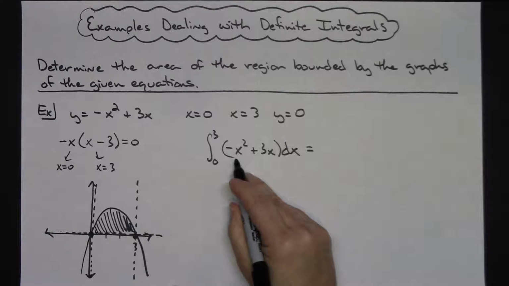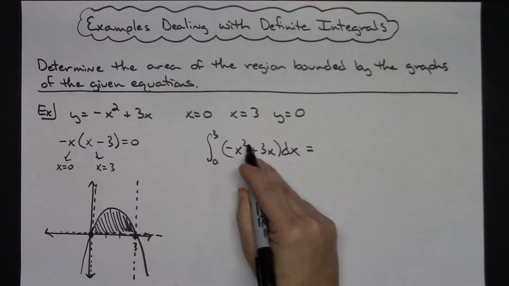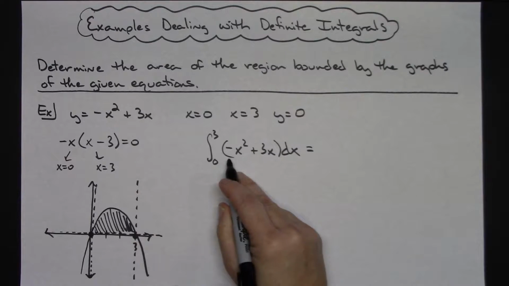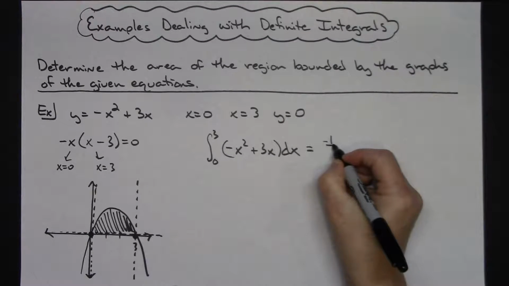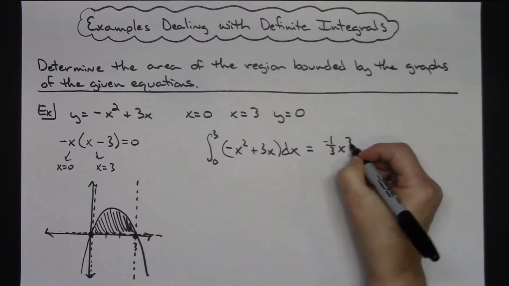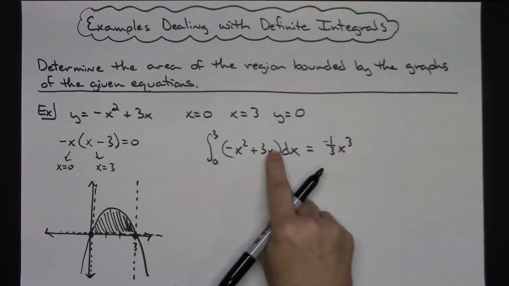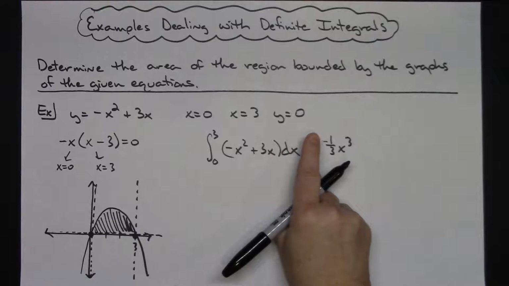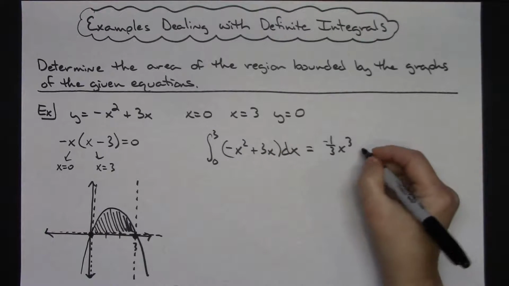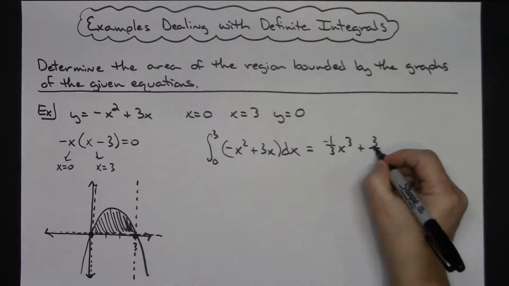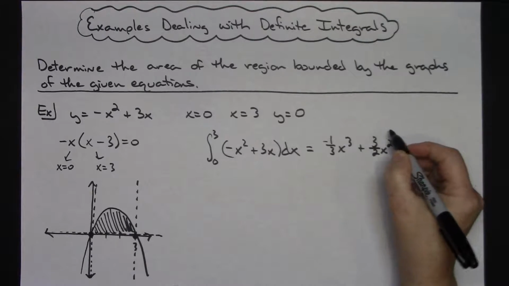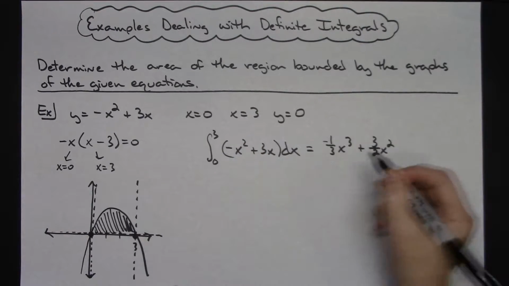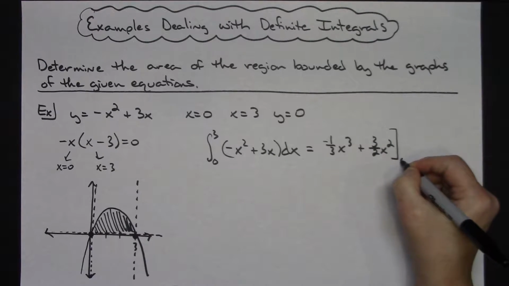When I integrate this first one, I'm going to add 1 to that exponent and get a 3 and divide by the 3. So I'll have a negative 1/3 x to the 3rd. When I integrate this section right here, I have a 1 here. I'll add 1 to the exponent. That'll give me a 2 and then a 3/2 there in front. So 3/2 x squared. I'm going to evaluate this on the interval from 0 to 3.